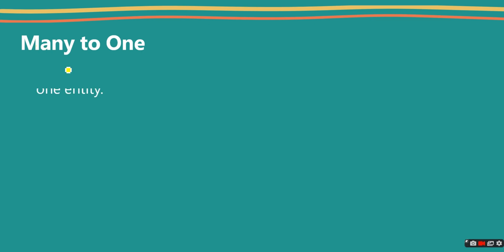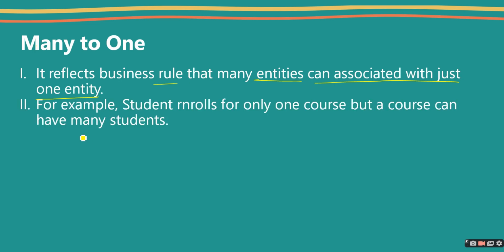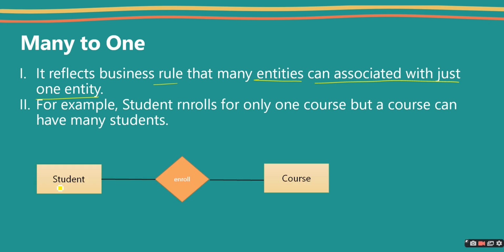Now many to one. It reflects the business rule that many entities can associate with just one entity. For example, a student enrolls for only one course, but a course, let's say I run a YouTube channel, and in my YouTube channel there will be multiple courses, right? So a student can only take one course at a time, but a course can be seen by many students.